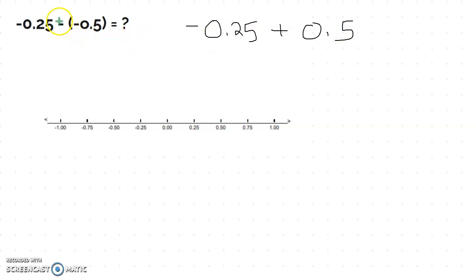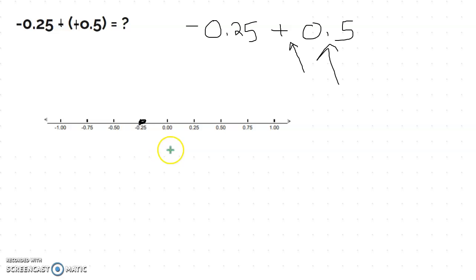Remember, I could show it this way too. I could say plus here and plus here, because all subtraction is adding the opposite. Alright, we're going to start at negative 0.25 on the number line. Here's negative 0.25. Looking at my second number and the sign in front of it, it means I need to go to the right 0.5.